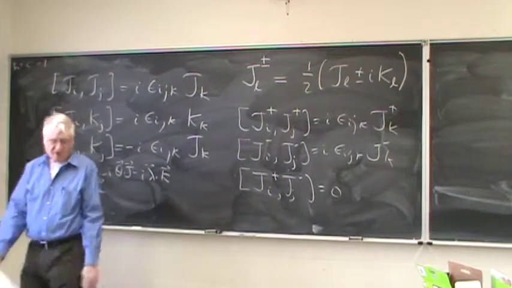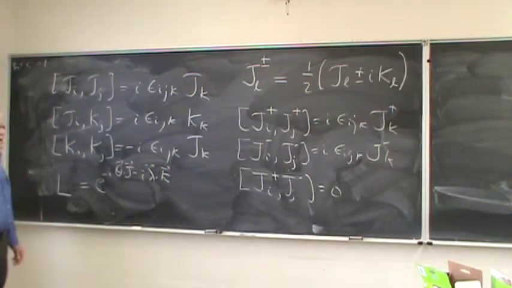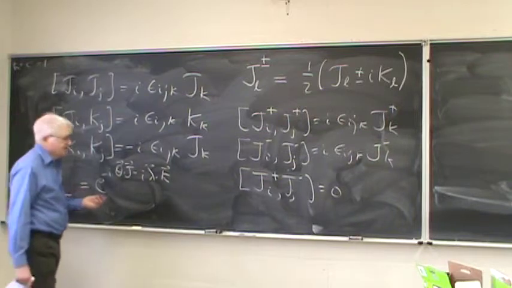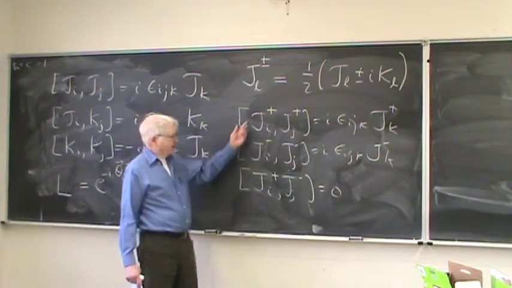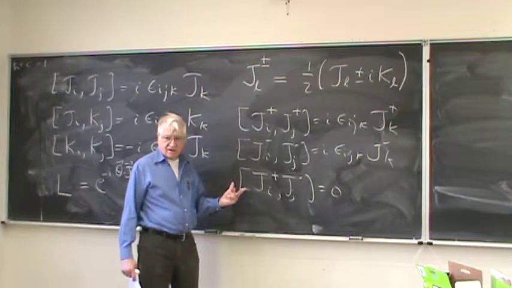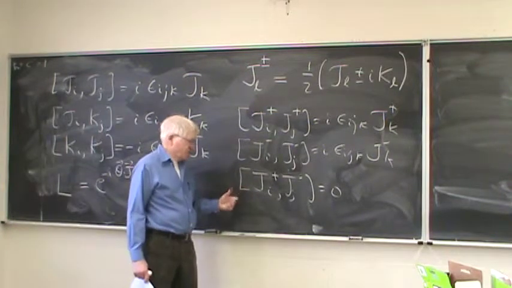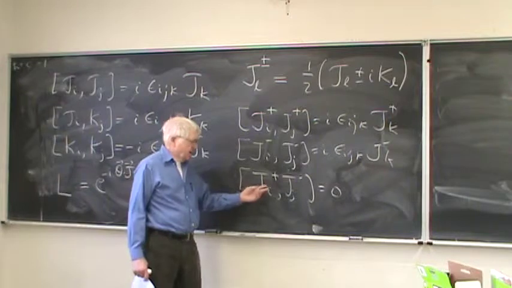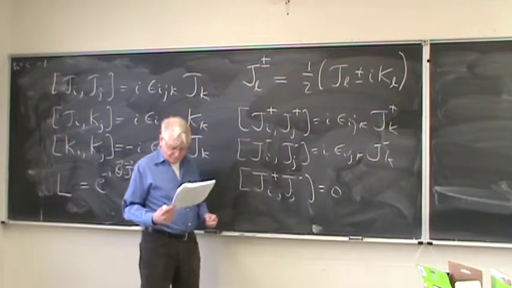So the remarkable thing is that the operators, which are the generators of the Lorentz transformations, obey the commutation relations of angular momentum. So you have two angular momenta. From the point of view of algebra, you have two angular momenta that commute.